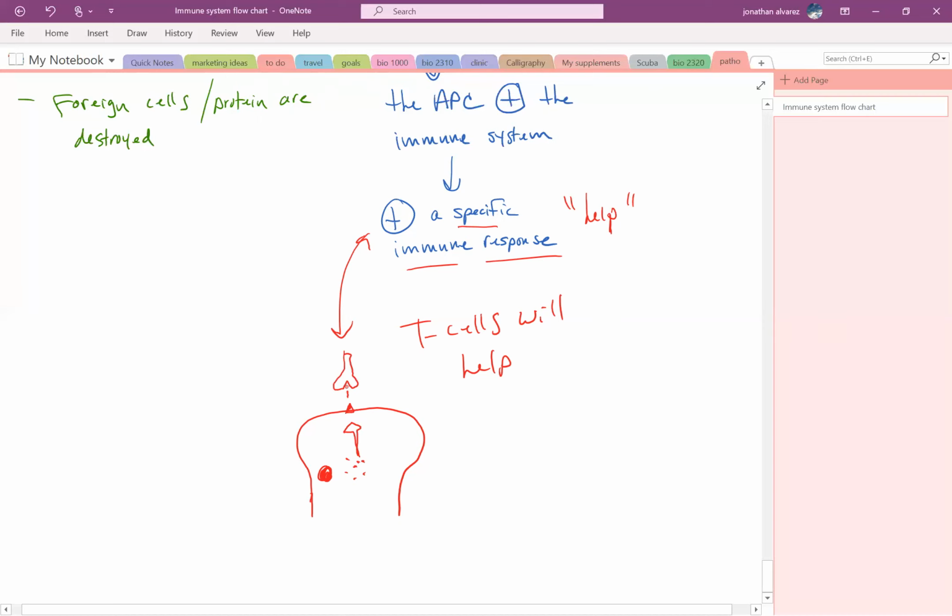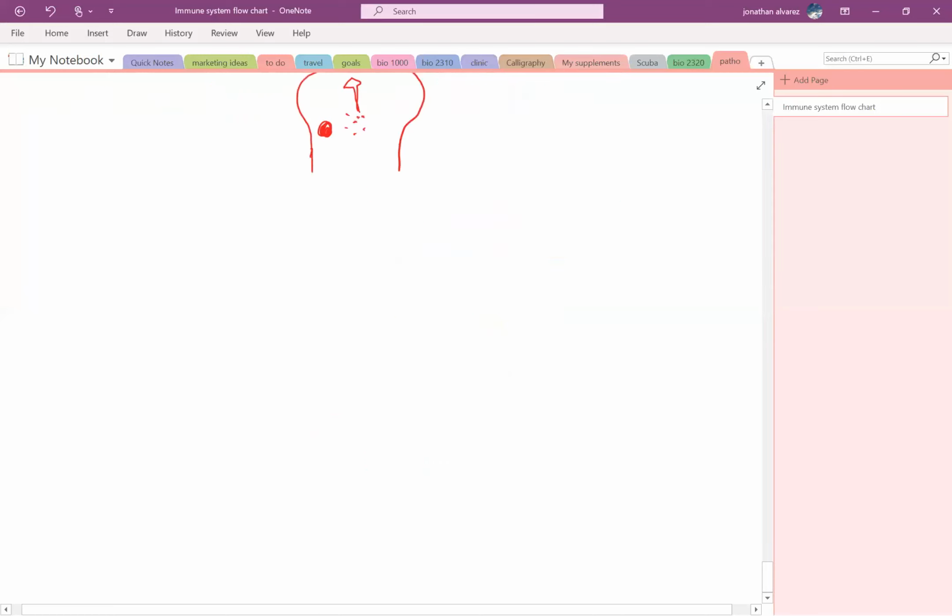Okay, and when that happens, it will release the chemicals that will help destroy the foreign protein. Okay, hang in there, we're almost done.